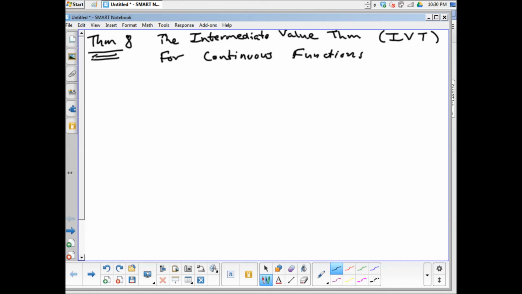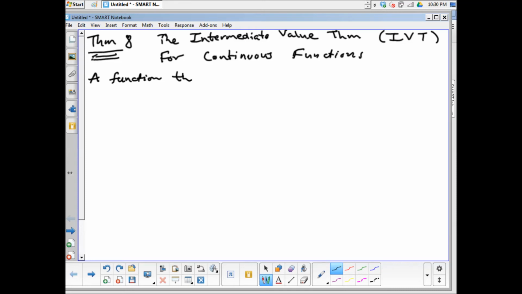Here's what the theorem states. It says a function that is continuous on a closed interval takes on every value between f of a and f of b. Let me write out the theorem here.